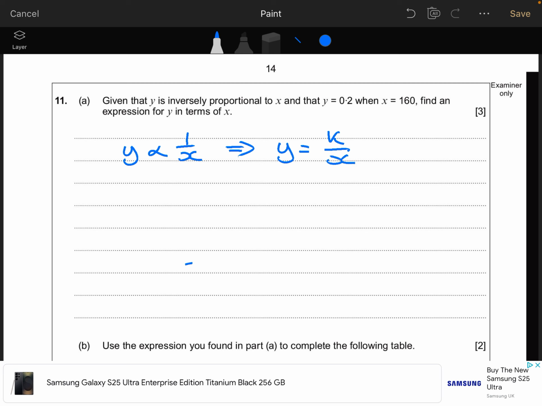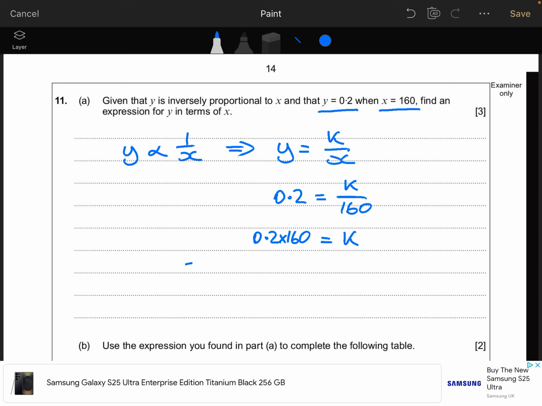We now know that y equals 0.2 when x is 160, so I can put those values into the equation. I've got 0.2 is equal to k over 160, and by rearranging that, I've got k is equal to 0.2 times 160. 2 times 160 would give me 320, so that's 32.